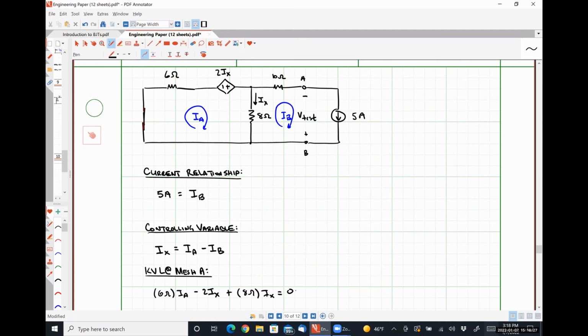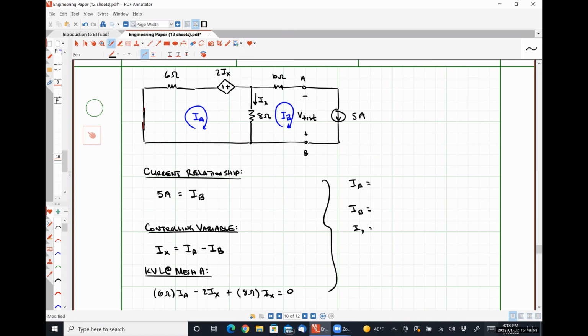We have 3 equations, 3 unknowns. So let's take a moment to solve for these guys. IA, IB, and IX, we should see that we get different values than we did in our last analysis. For my first equation, I have 0 IA, 1 IB, 0 IX, 5 is my constant.